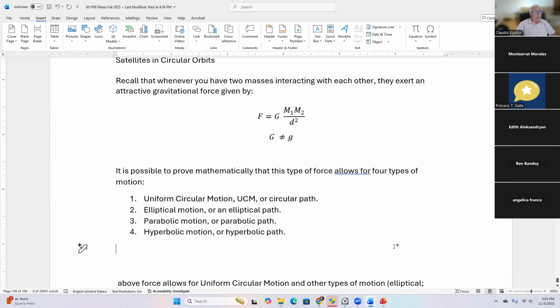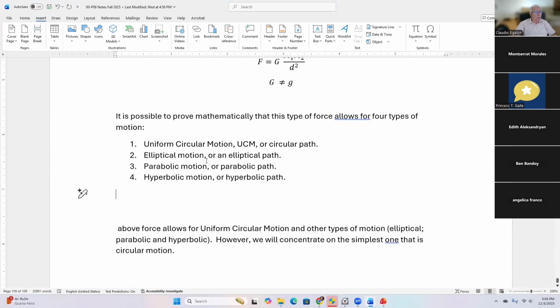Okay, and what we are going to do is concentrate on the satellites that have circular paths, which is the simplest one to treat mathematically.